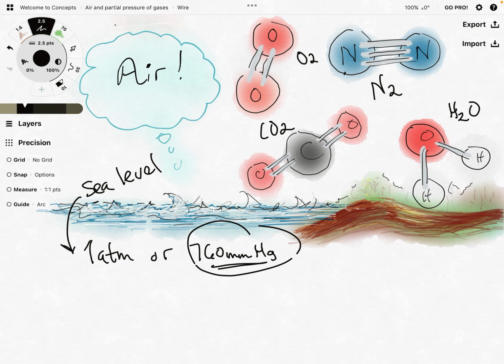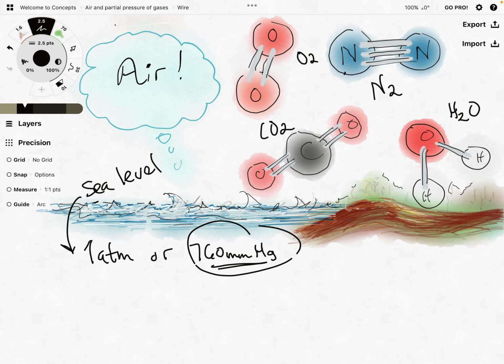There are other things such as argon, neon, etc., but we're just going to focus on these four gases, particularly oxygen and carbon dioxide, because that's relevant.